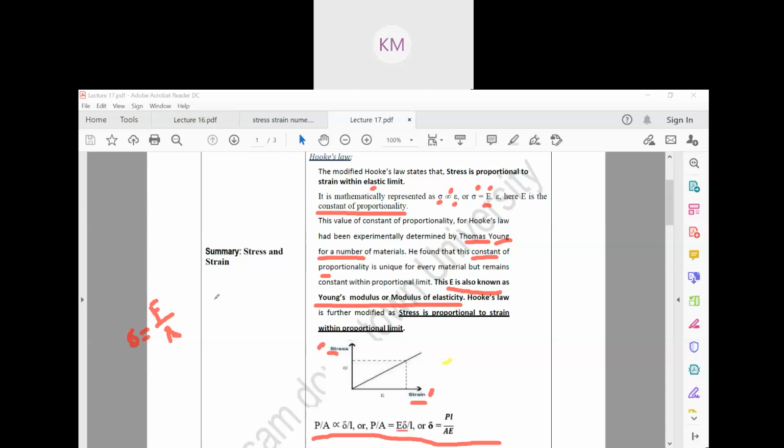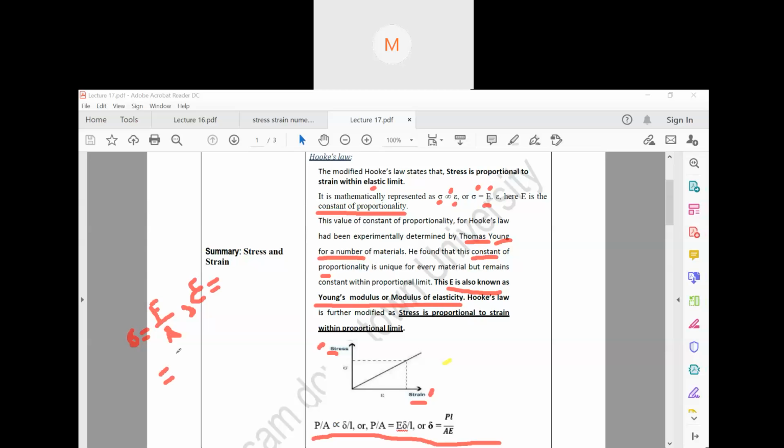Right. Stress is force per unit area, and strain is denoted by epsilon. So strain is what? Force per unit area we can write like this now.